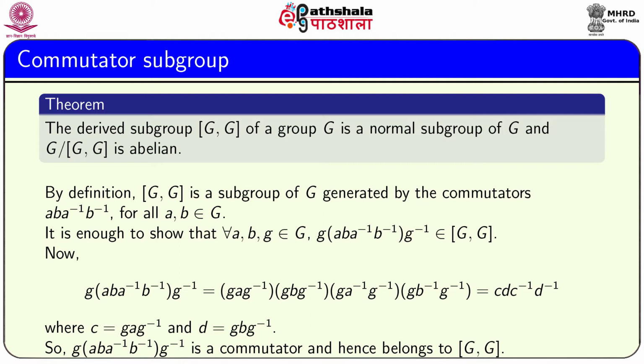And so we have this expression, g A B A inverse B inverse g inverse, which is of the form C D C inverse D inverse, where C is equal to g A g inverse and D is equal to g B g inverse. Therefore, this particular element is inside the commutator subgroup [G, G], proving that it is normal.